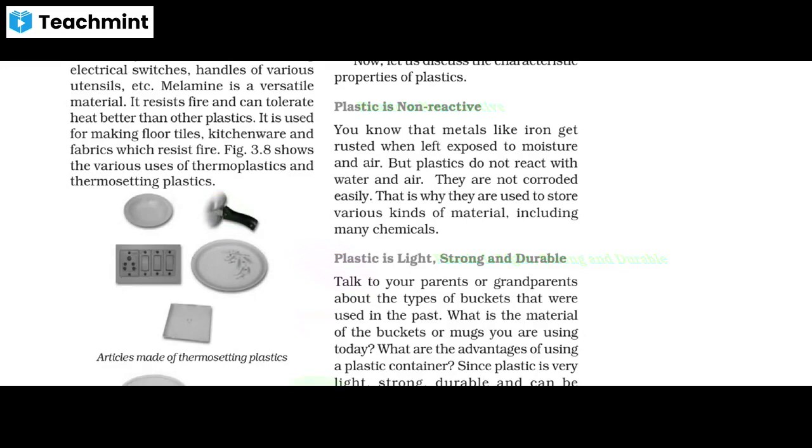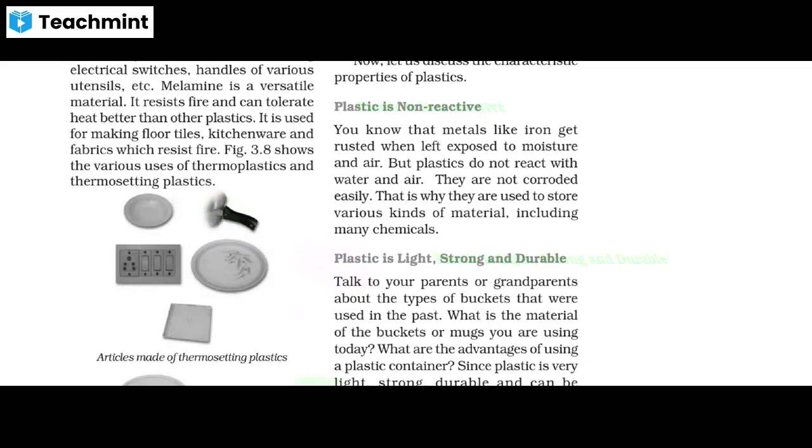In the same way, the first property of plastic is that it is non-reactive. Non-reactive: metal like iron gets rusted when left exposed to moisture and air, but plastic does not react with water and air. It is not corroded either. Corrosion will not take place in plastic, right?